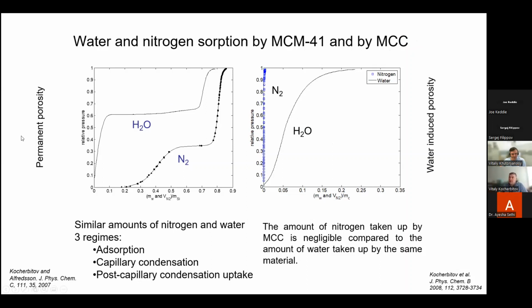We can call it permanent porosity in the case of silica-based materials, and here non-permanent porosity, or water-induced porosity, in the case of carbohydrates. So essentially, in the case shown here, the porosity does not always exist in the dry state, but when we add water in certain amounts, water makes this porosity, and by that we can say that the porosity here is wet.